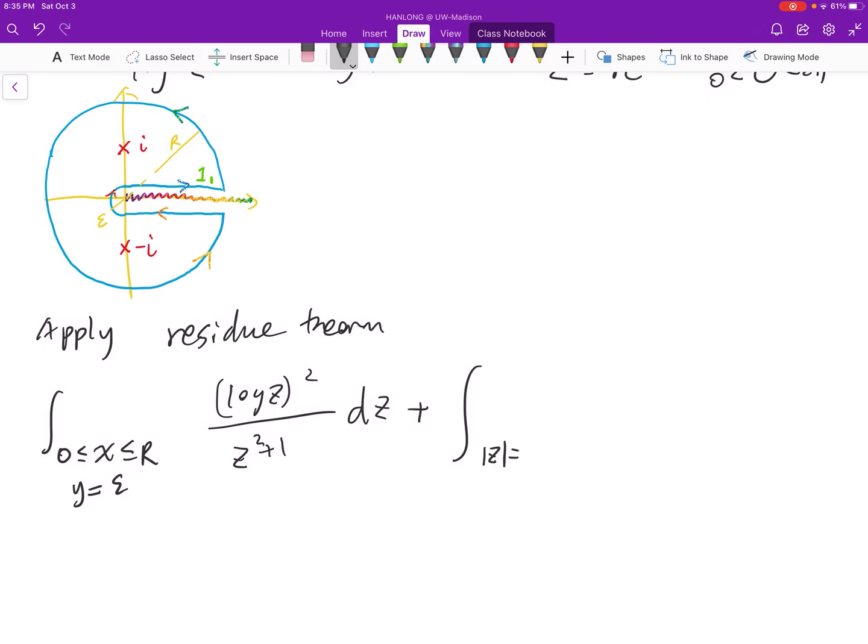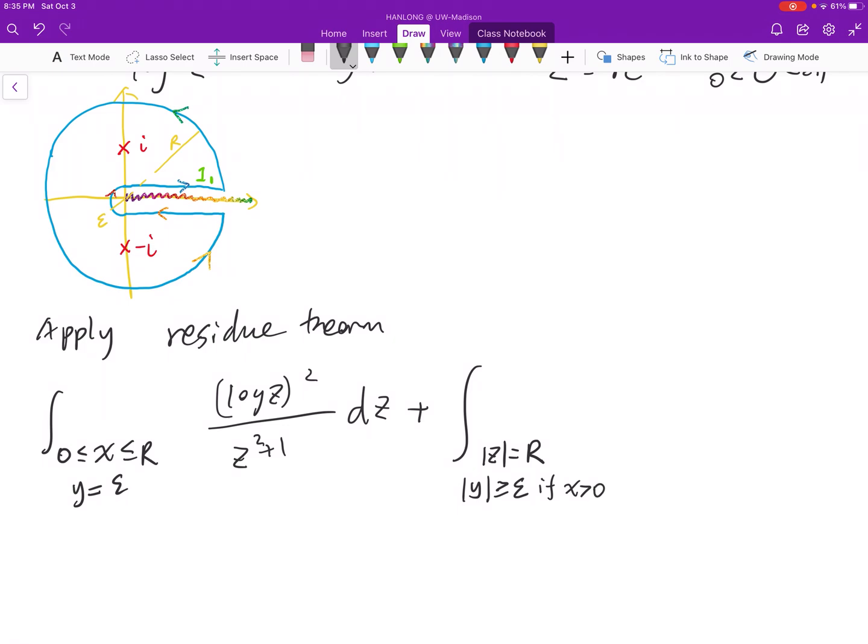And then next part, you have the bigger circle missing a small piece. This is given by the norm of z being R, but the absolute value of y, the imaginary part of the complex number, is at least epsilon if x is positive.